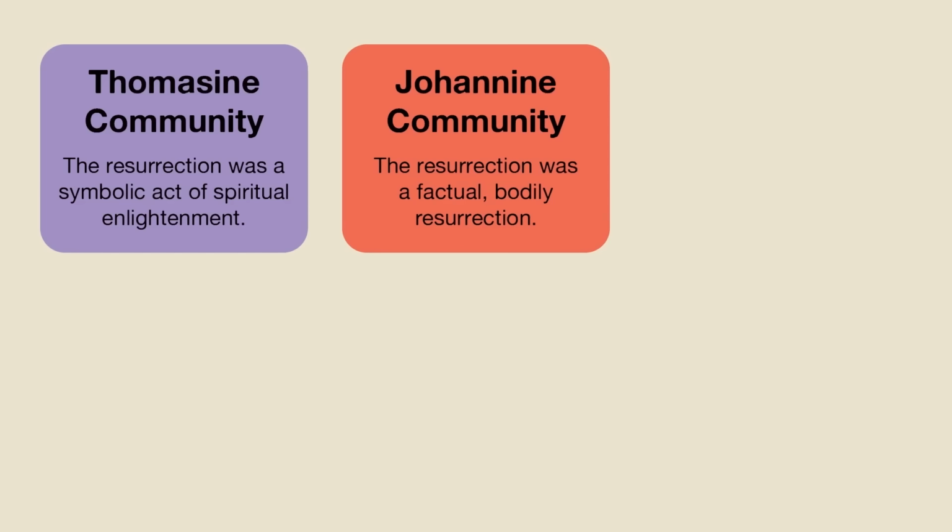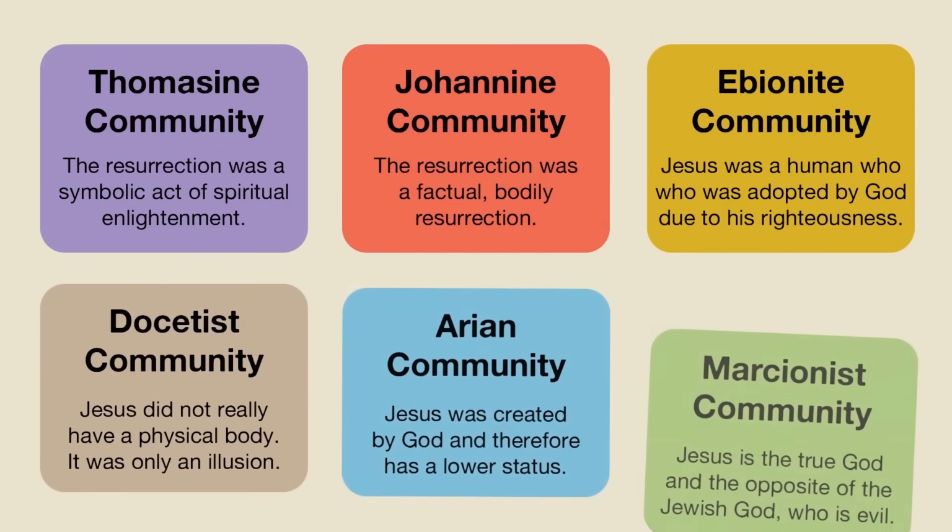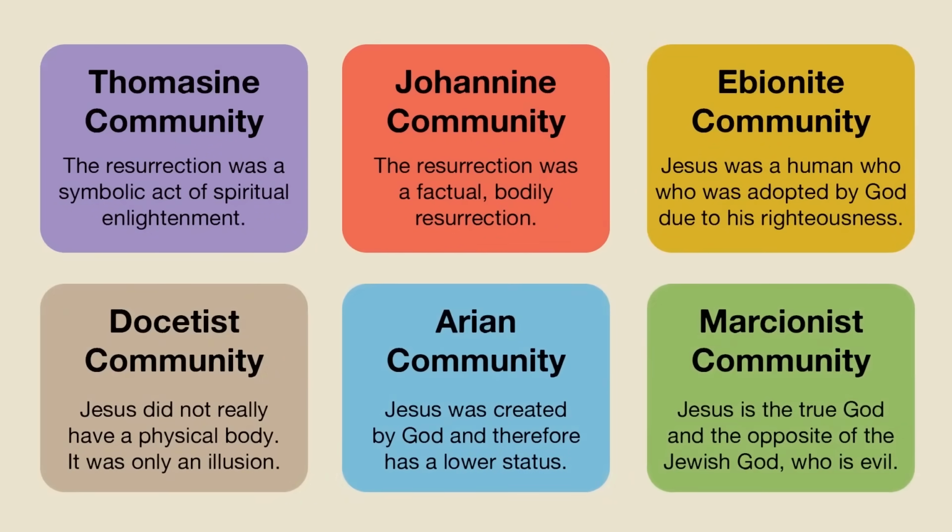The followers of Thomas saw the resurrection as being more of an act of spiritual enlightenment, whereas the followers of John saw it as being more of a factual, bodily resurrection. This would explain why John's gospel paints the Thomas character as being the infamous doubting Thomas, which just goes to show there was much disagreement among early Christians on how to understand Jesus.